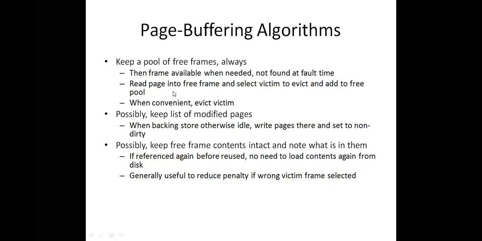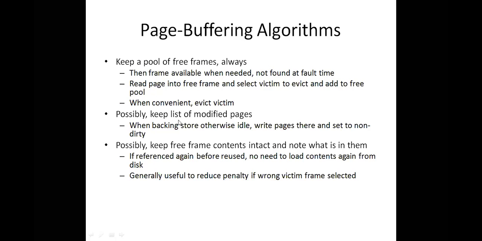Whenever there is a page fault and there is a free frame, you can keep the page into the free frame. If the free frame is not found, what do you have to do? You need to select one victim page and then keep the page into the main memory.